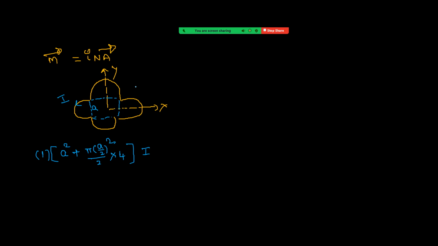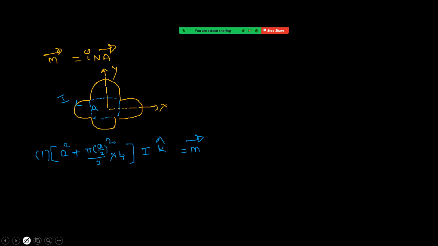I am repeating: take right hand, curl fingers anti-clockwise because current is anti-clockwise, then thumb is pointing towards us. That means direction will be positive z axis. It is given here k cap is coming out of the plane of the paper. So direction part will be k cap. So into k cap, that is m bar.